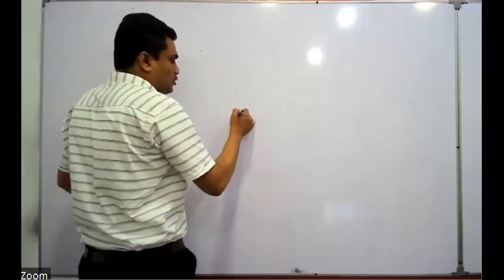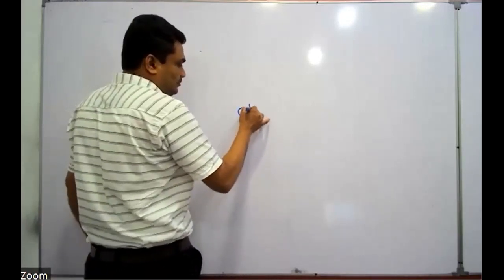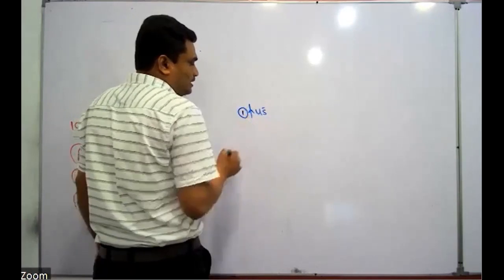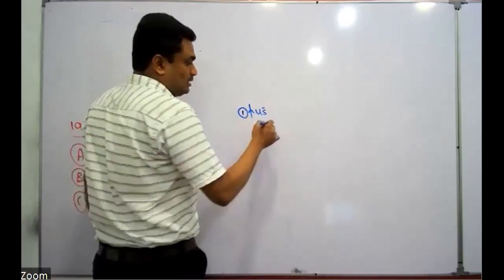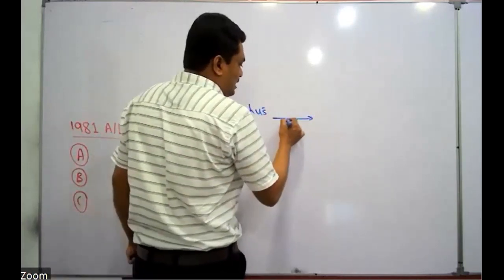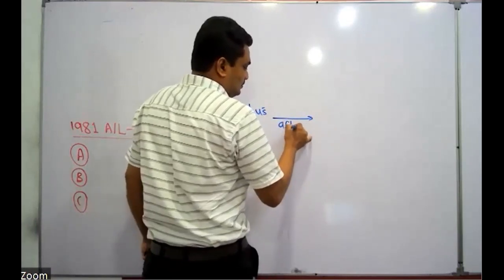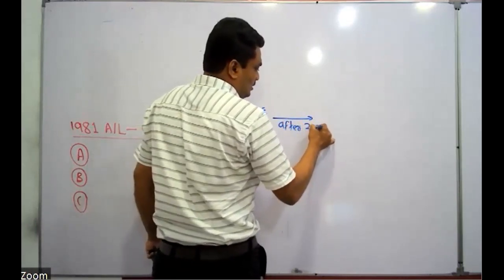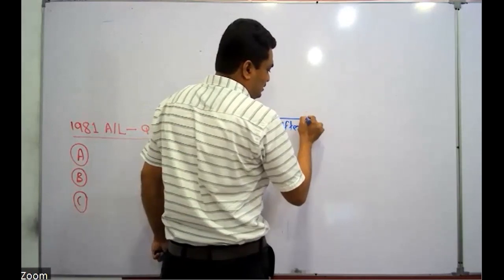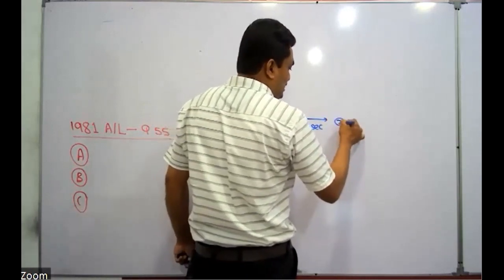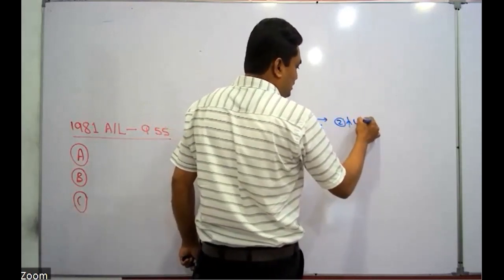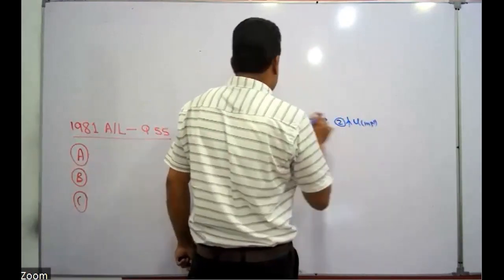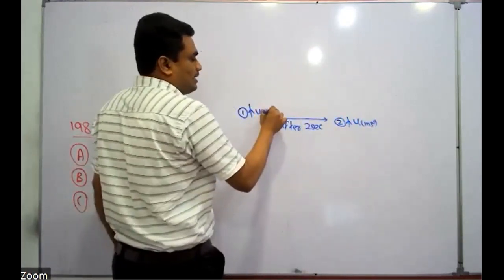An object is thrown from a certain height with a velocity of u meter per second. Am I right? After 2 seconds, what will happen? After 2 seconds, another object is thrown up with the same velocity. Am I right?